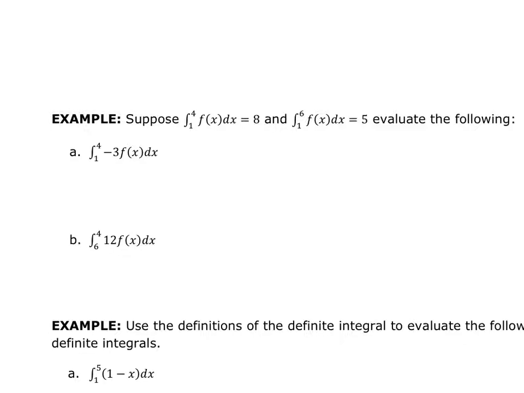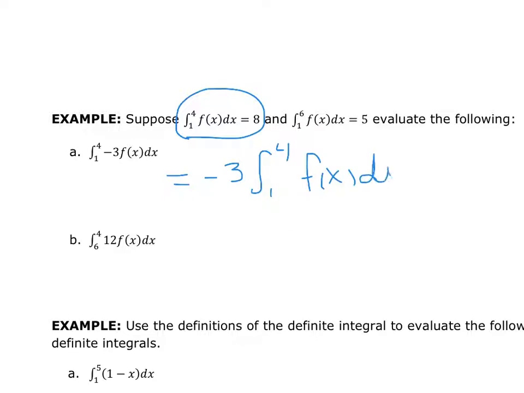So as I take a look at A, I have an answer when I have the integral from 1 to 4 of f of x dx. Because I have that, all I'm going to do on A is factor out the negative 3 from the integral from 1 to 4 of f of x dx.